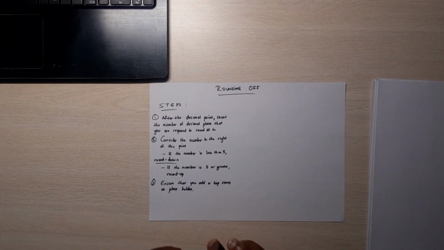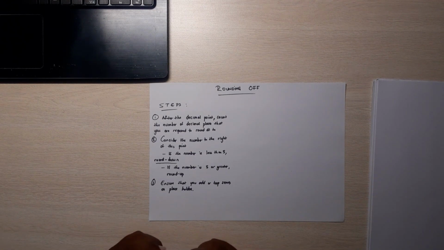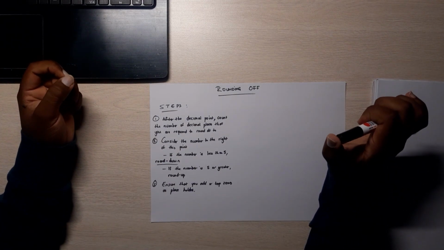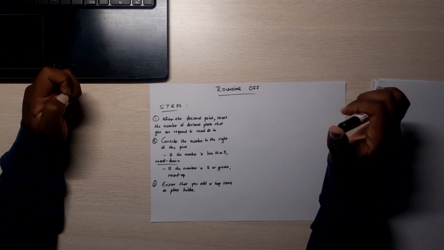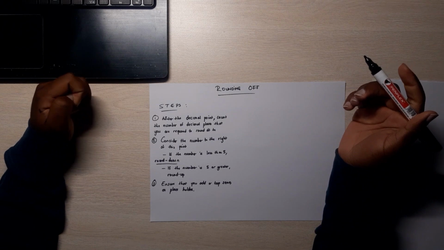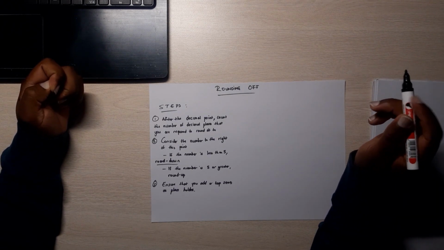Okay, so you got 3 steps, right? First step is, after the decimal point, count the number of decimal places that you are required to round off to, right? So if it's 2 decimal places, count 2 places, right?